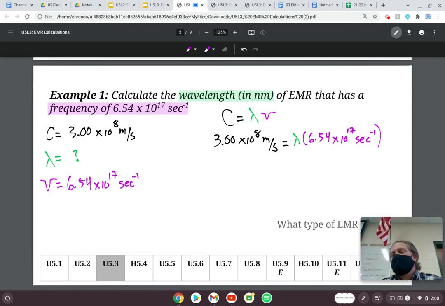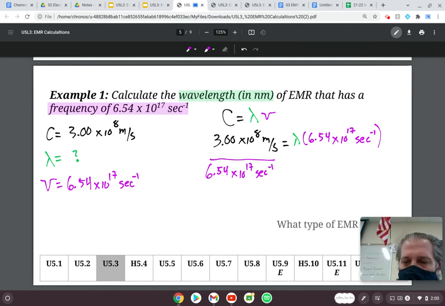Now, what math do I have to do here? Multiply, divide, add, or subtract? Yeah, I'm going to divide. So I'm going to divide both sides by the 6.54, like so.